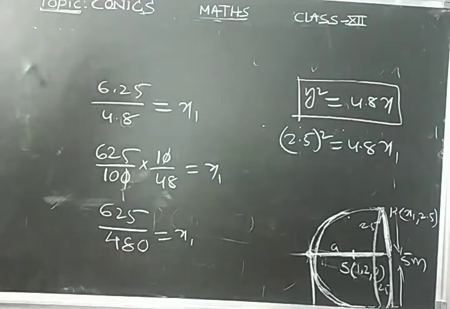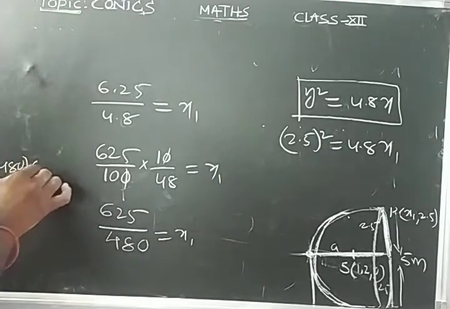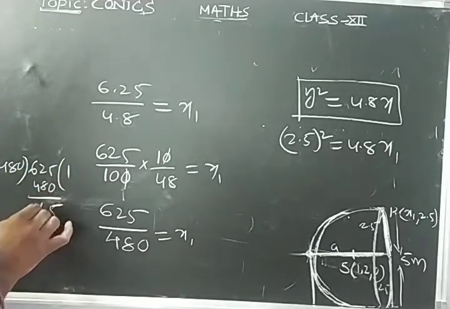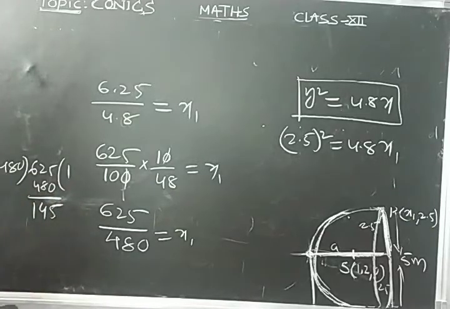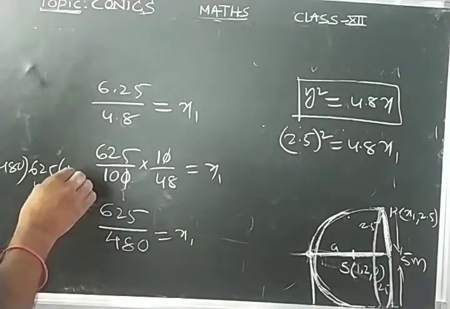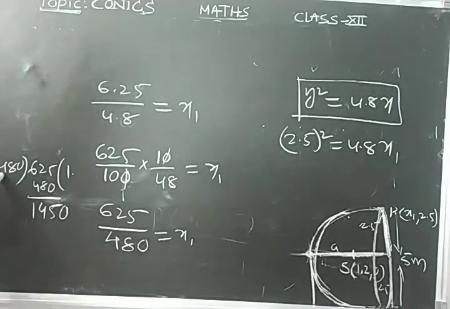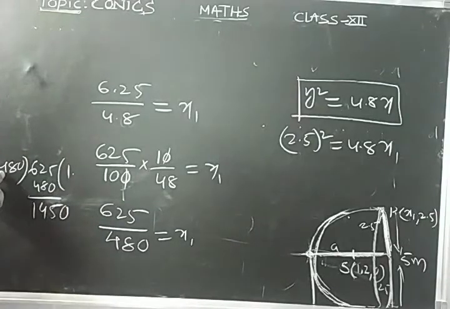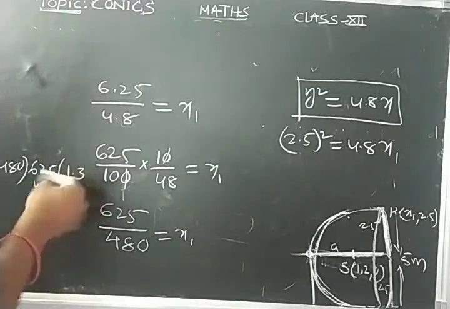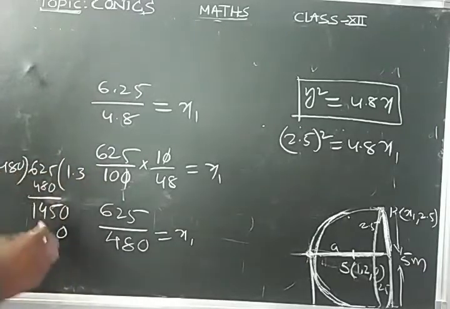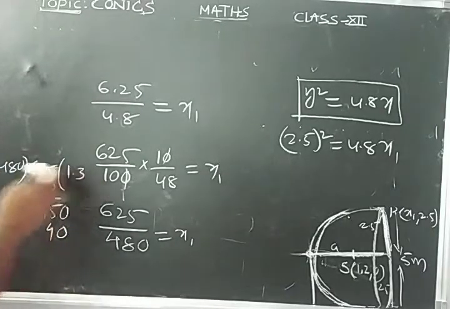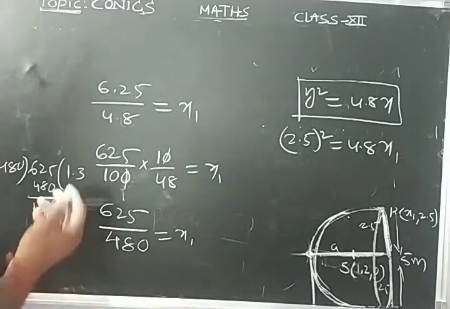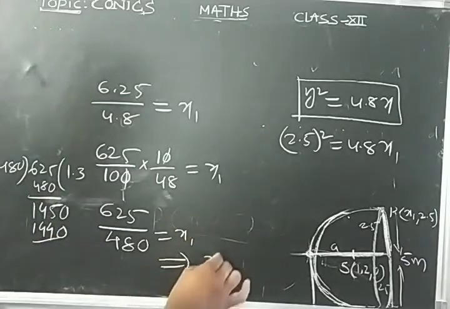How many times will 480 go into 625? One time, remainder 145. Then keeping the decimal point, 1450 by 480, 3 times, and so on. So x1 equals 1.3 meters approximately.